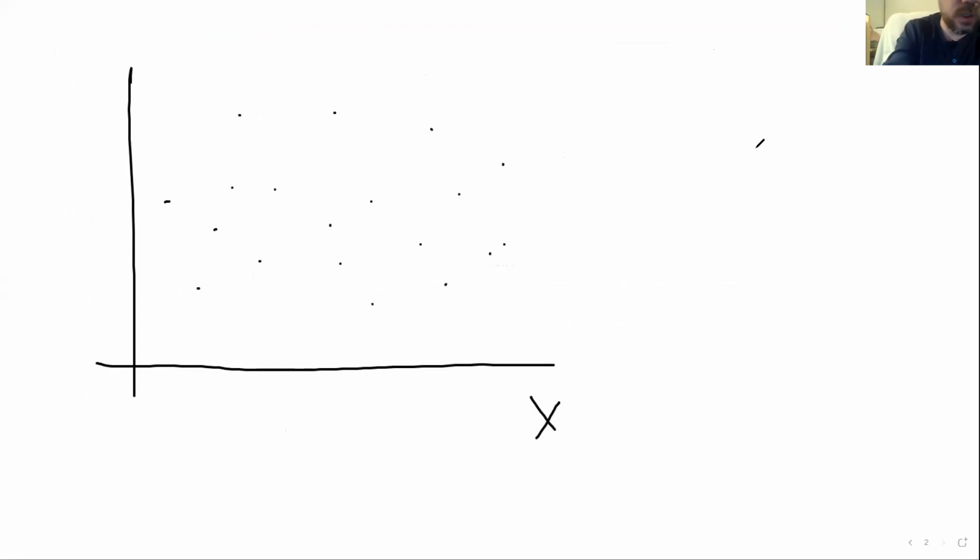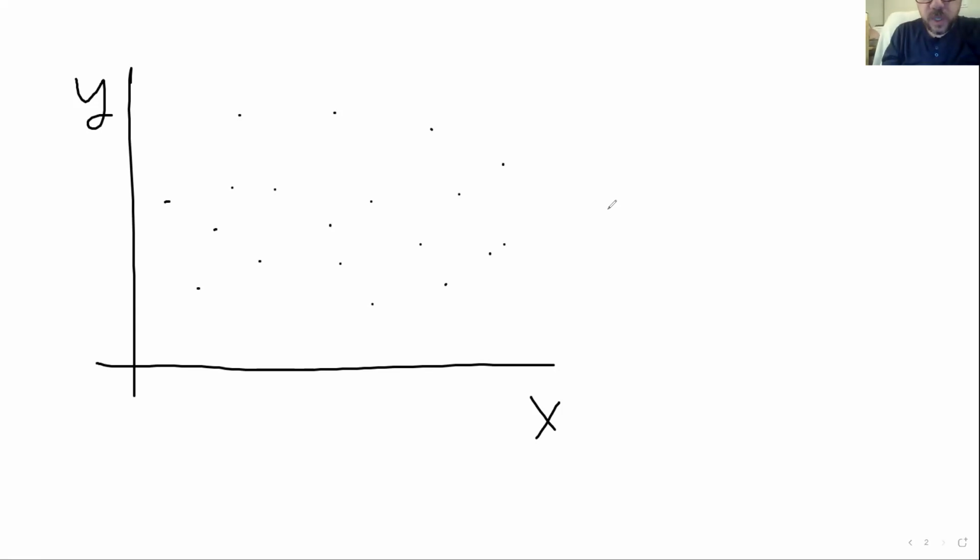So let's say I have this data, X, Y. The regression line gives you a predicted Y for any value of X. That's the way we want to think of it.